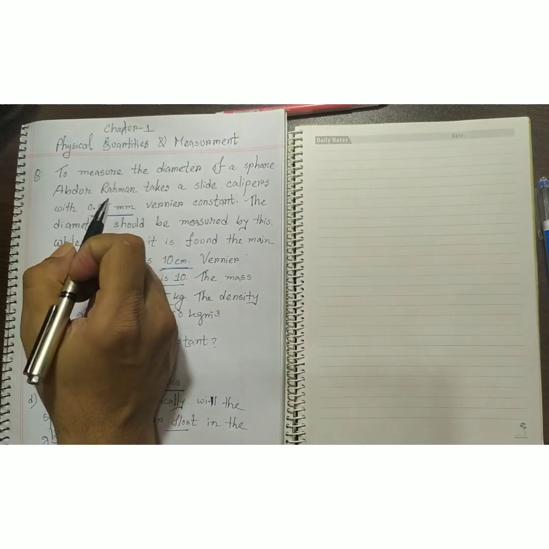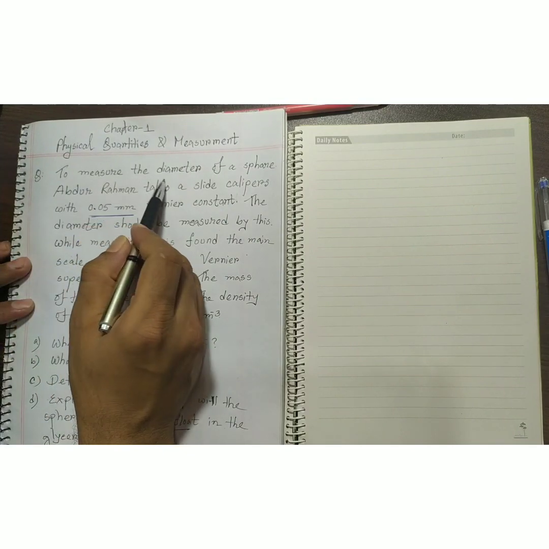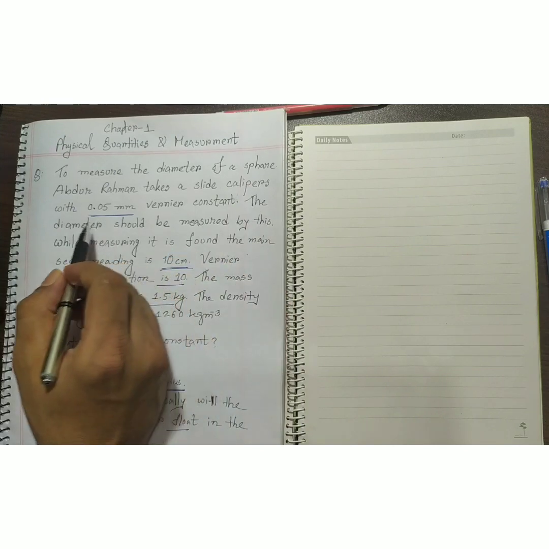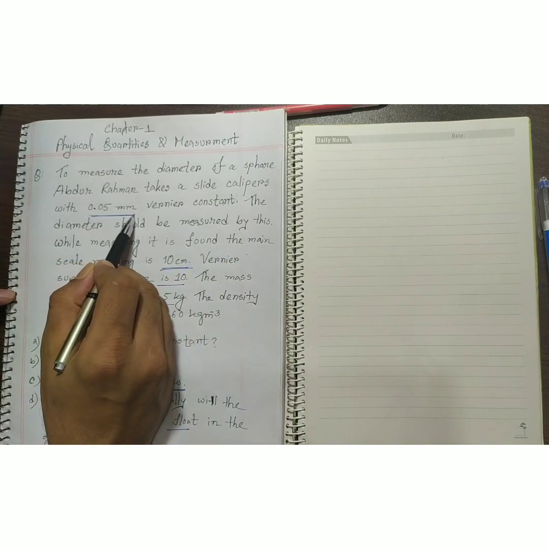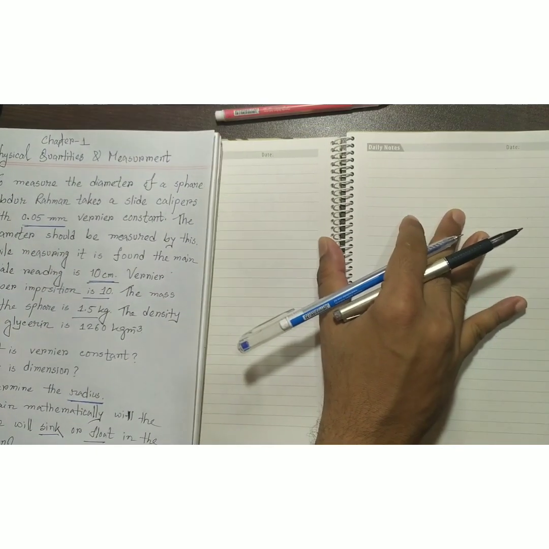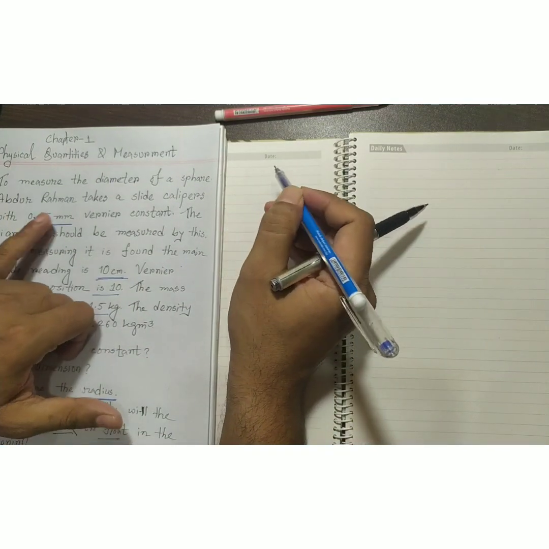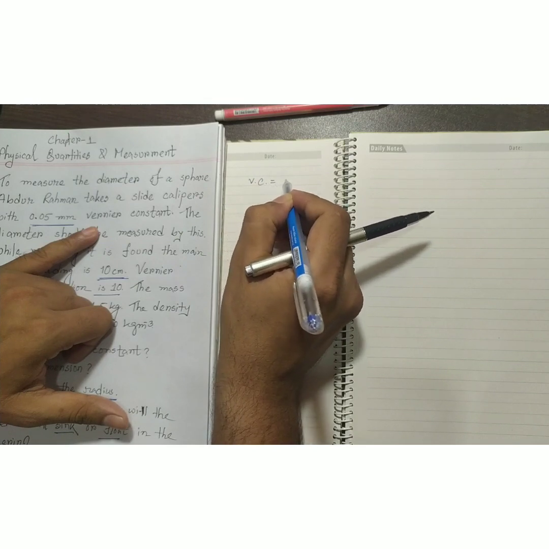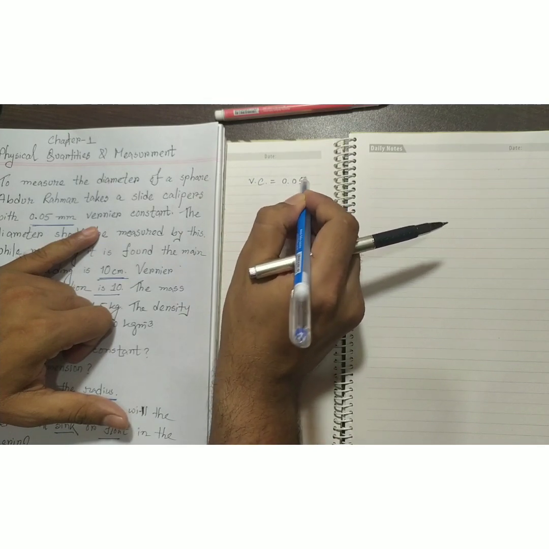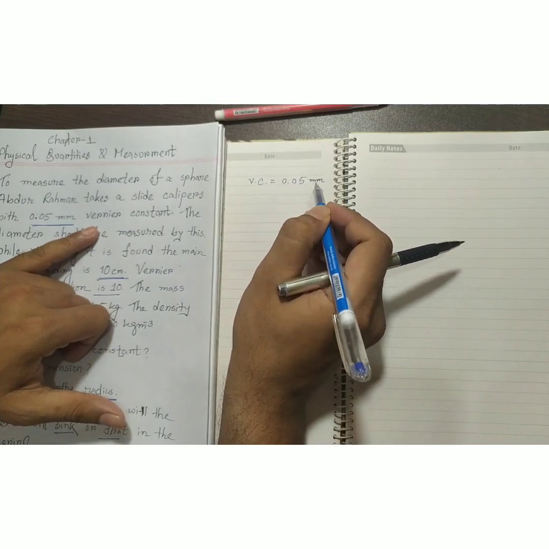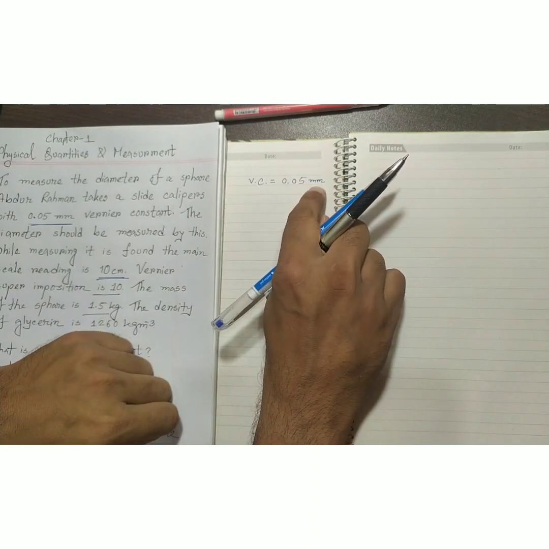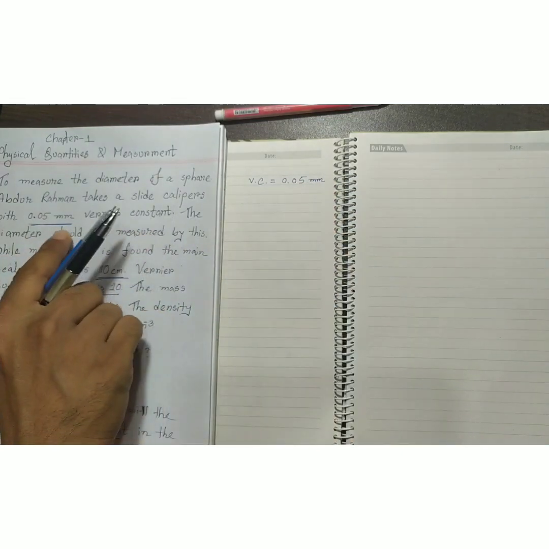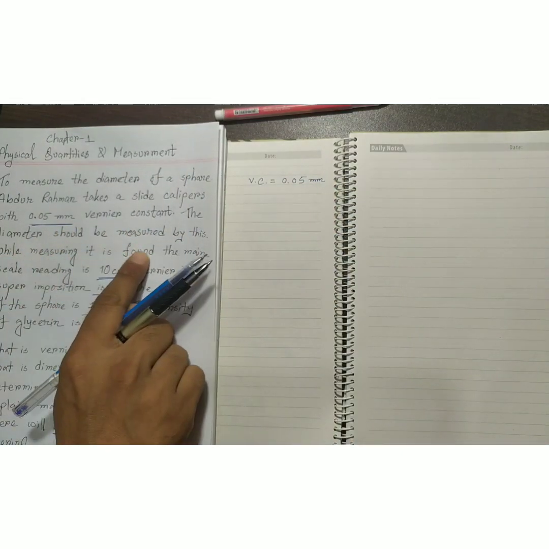So let's see, the question is that to measure the diameter of a sphere, someone takes a slide calipers with 0.05 millimeter. So the vernier constant is given: VC is 0.05 millimeter. Now we look at the unit. This is very important. Because in the second line, it is written that the diameter should be measured.